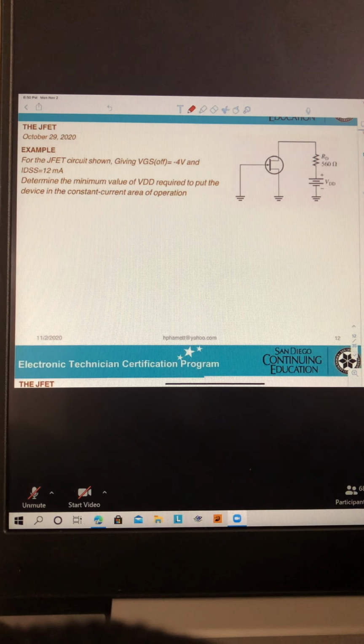Okay, now, an example. For the test circuit shown, they are given VP of minus 4 volts and IDSS equal to 12 milliamps. They want to know the minimum value of VDD required to put the device in the constant current area of operation.